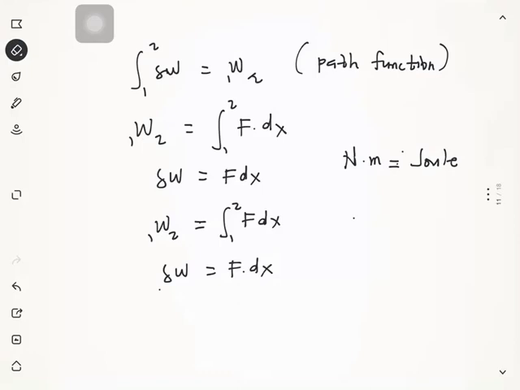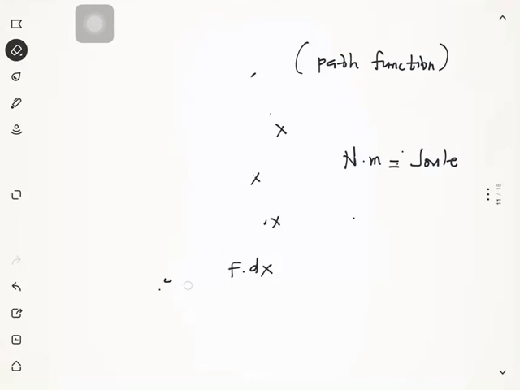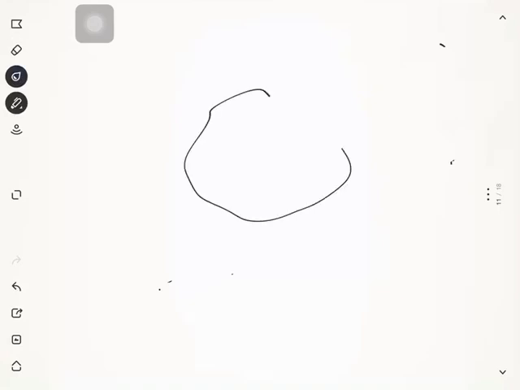So again, if we have a given system and we have work here, the sign convention is this one. This is our system here.